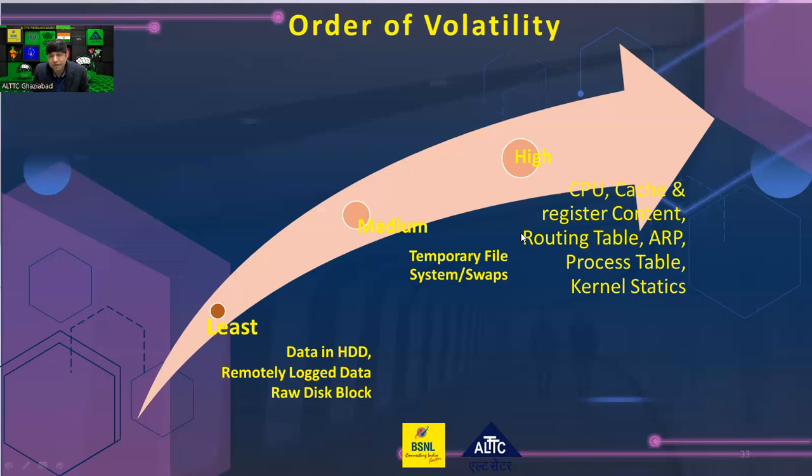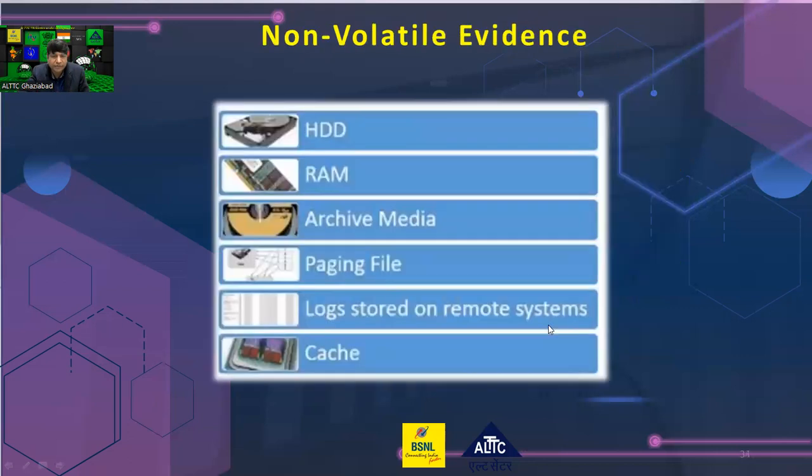This is the CPU, caches, register content, routing table, ARP, process table, and kernel statistics. A normal system user does not go and erase these easily. It may require highly talented skills in this case.